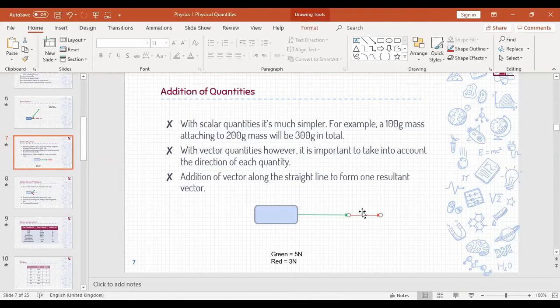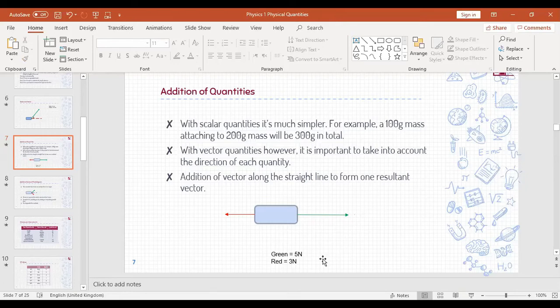But let's say that this 3 Newton force was acting on the left. Now what the resultant would be? You've got 5 newtons to the right and you've got 3 newtons to the left. They're in the opposing directions.